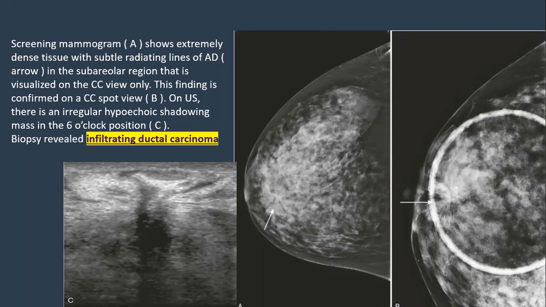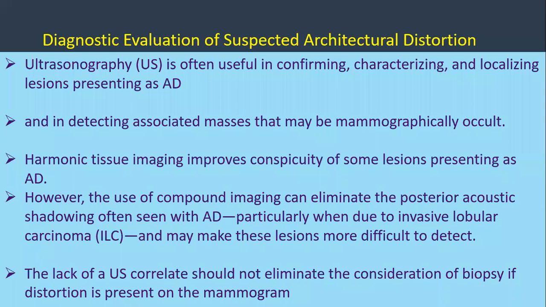Okay, so the diagnostic evaluation of suspected architectural distortions using ultrasound is very useful in confirming, characterizing, and localizing the lesion presenting as mammographic architectural distortion. And it might also detect an associated mammographically occult mass. See? And using harmonics will improve the conspicuity of the lesions.